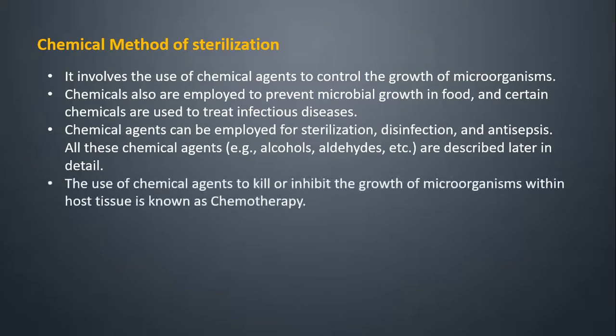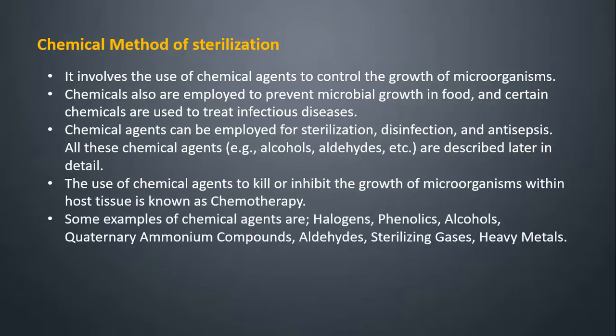The use of chemical agents to kill or inhibit the growth of microorganisms within host tissue is known as chemotherapy. Some examples of chemical agents are halogens, phenolics, alcohols, quaternary ammonium compounds, aldehydes, sterilizing gases, and heavy metals.